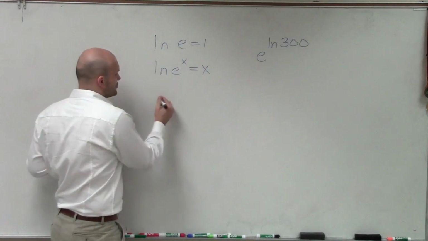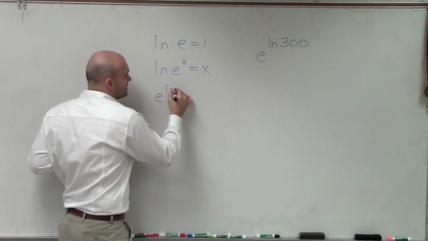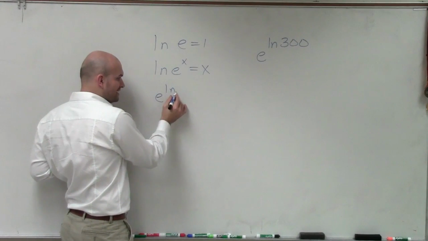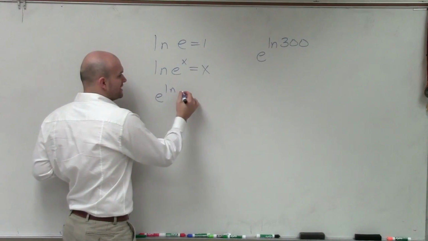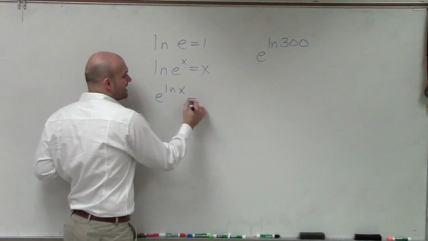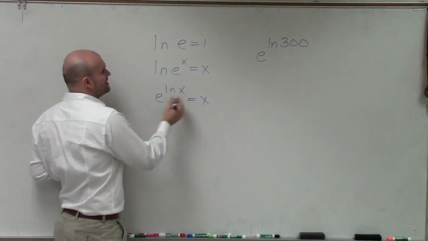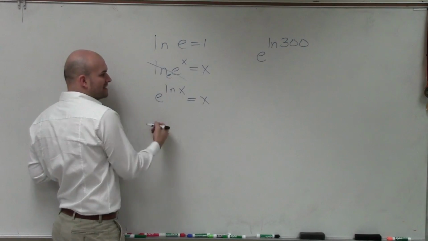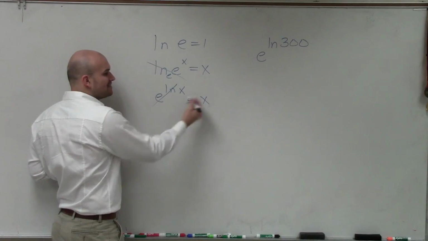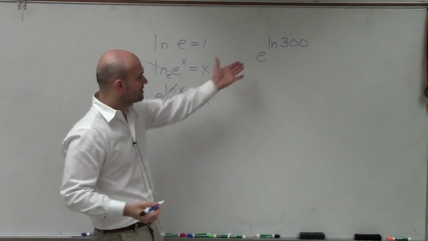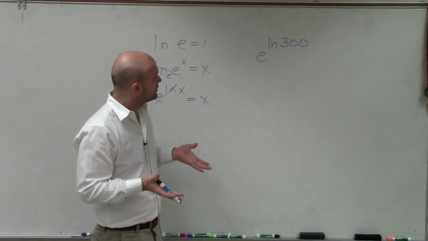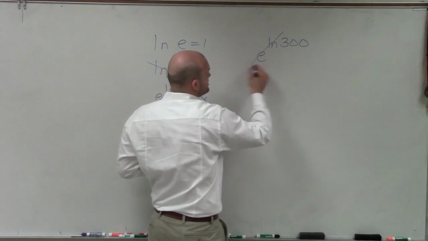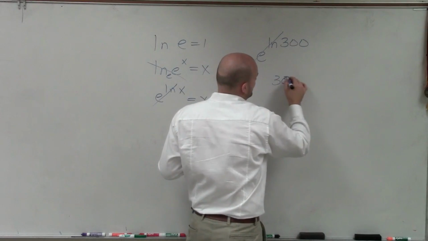But that is also true if I have e raised to the ln of x. That's also just going to equal x. As here, sometimes we say that the ln base e of e just leaves you with the x. Well, in this case, we have the exact same thing where it's just going to represent our x. So here, what we simply have is e and ln. Those are going to kind of undo our operations, and we're just going to be left with 300.